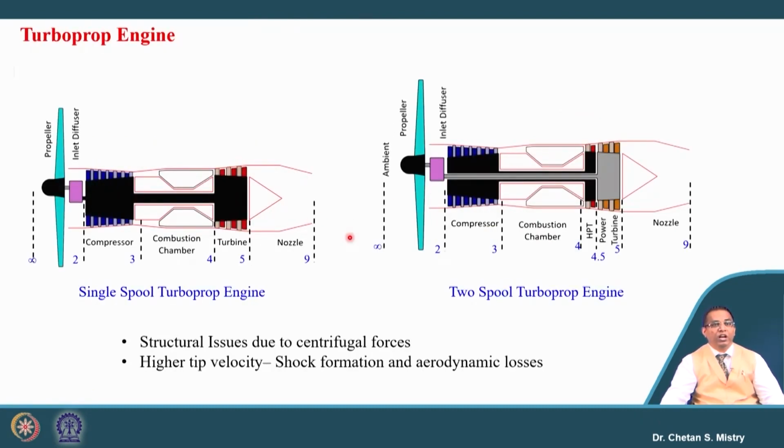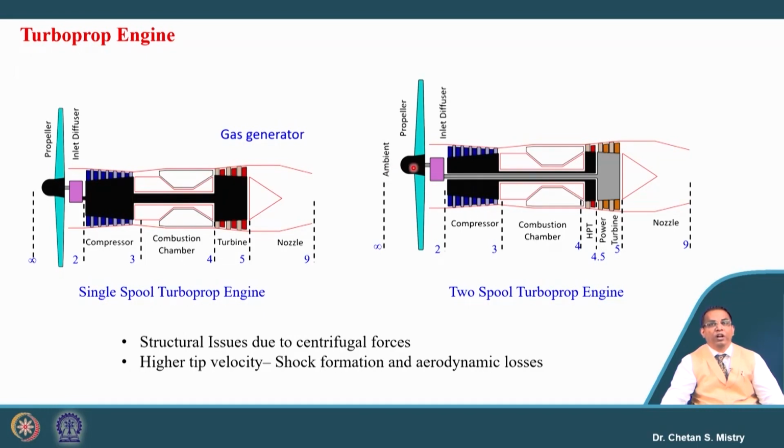This is a single spool turboprop engine, where, as we have discussed, the compressor and the propeller are both rotated by the turbine, and that turbine we have defined as a gas generator. So here we have some amount of power coming out from this shaft, which is used for the rotation of the propeller.